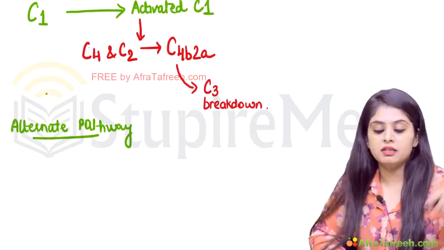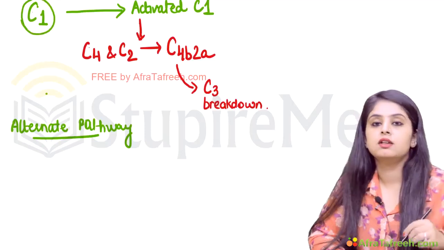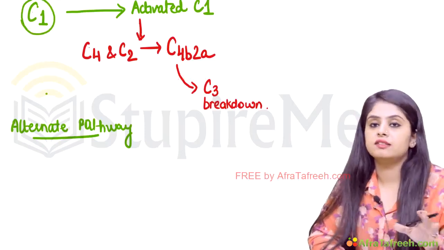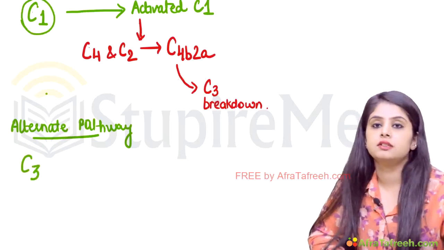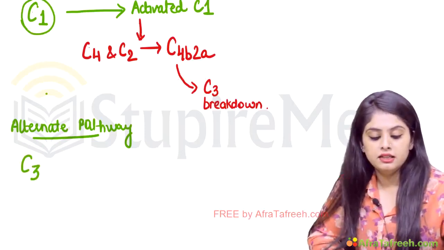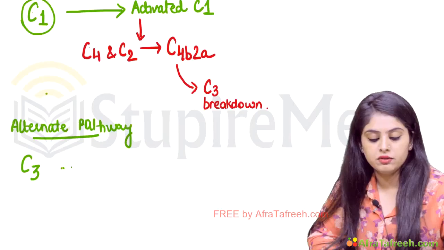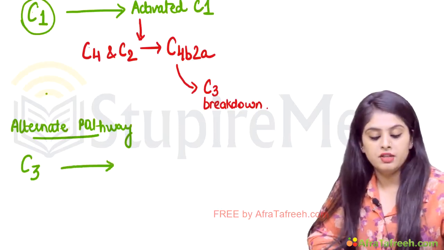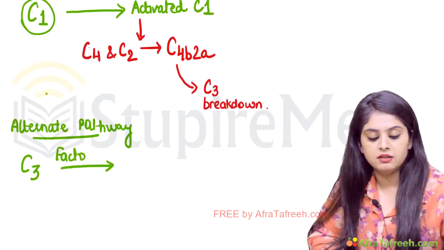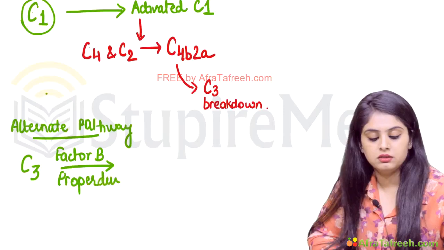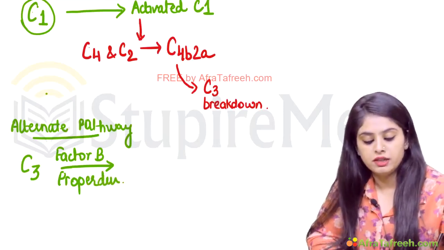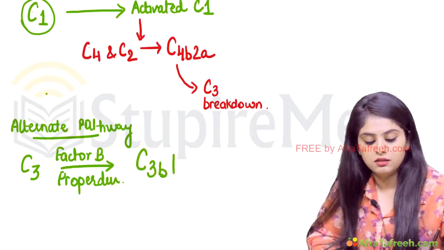So the classical pathway started from C1. The alternate pathway is not classical. It is going to take an alternate route and will start from C3. C3, in the presence of something known as factor B and properdin, is going to result in the formation of C3b Bb.